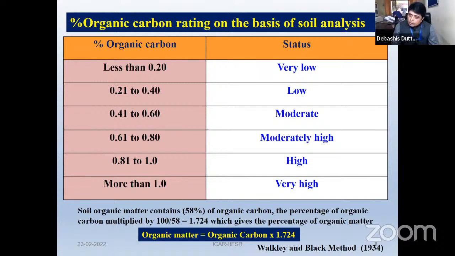Also, if the organic carbon is higher, the soil can be called a healthy soil, because with a higher amount of organic carbon, the nutrient holding capacity, water retention capacity, and porosity of the soil are improved.